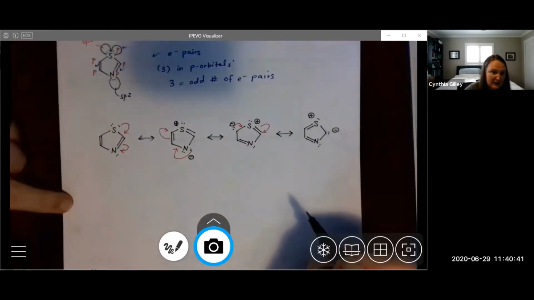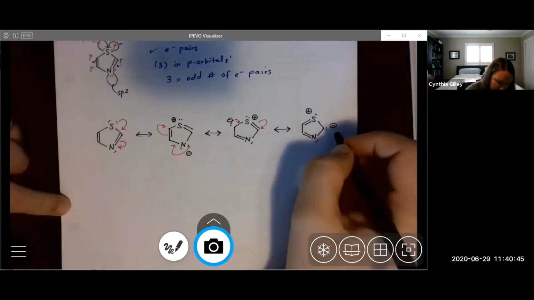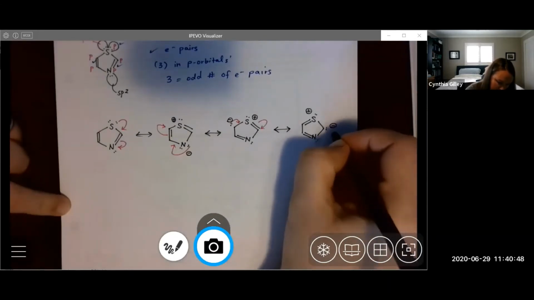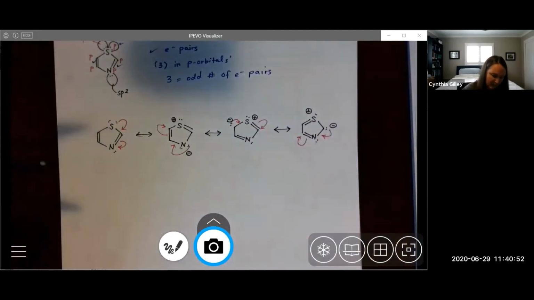Double check. You always should have the same net formal charge on all structures.